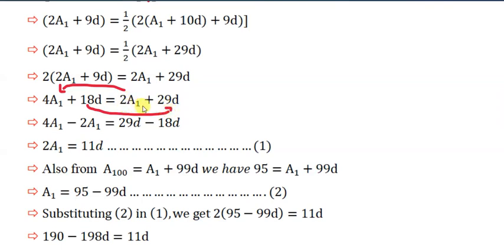If we move 2a1, it is positive, then it becomes minus after it is moved to the left. 4a1 minus 2a1 gives us 2a1, and 18d is positive, moved to the right it becomes minus 18d. When we subtract 18d from 29d, we get 11d. Then 2a1 is equal to 11d. Put this one on a shelf.